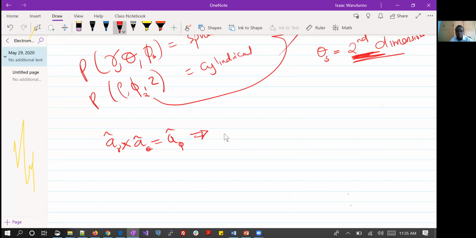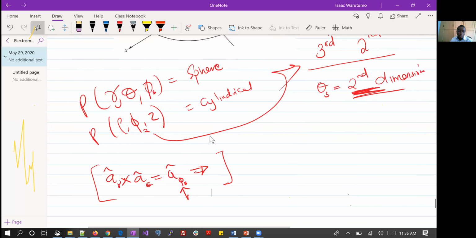But if you confused and thought that this was the second one, it would give you wrong axioms or wrong cyclic permutation. So that is why I'm insisting about which comes where. I'll send you some simple questions about how you can express a point in spherical, a point in cylindrical, and a point in X, Y, and Z. I think that's good for an introduction.